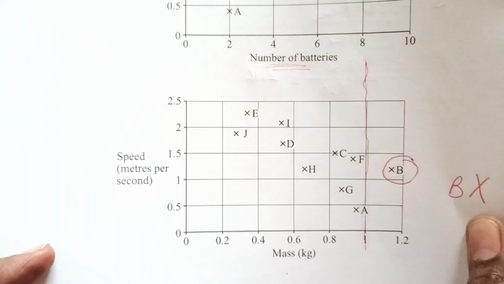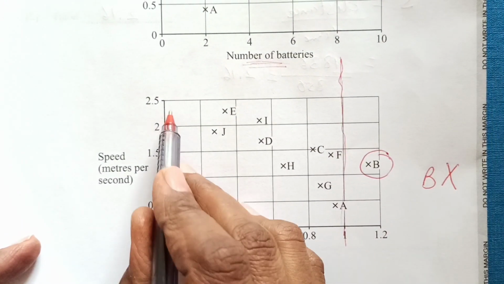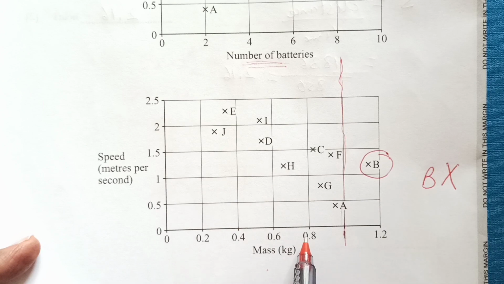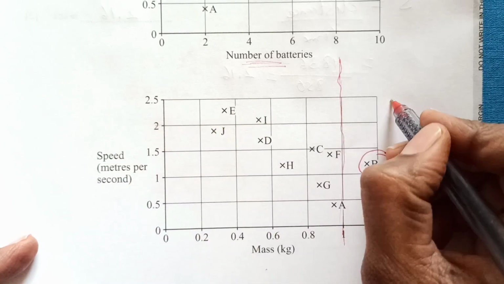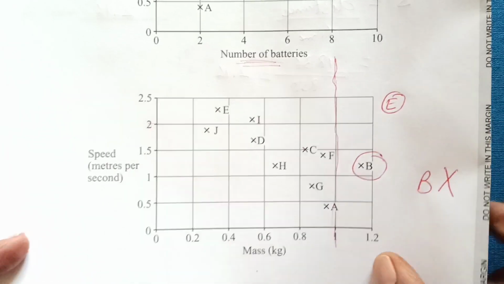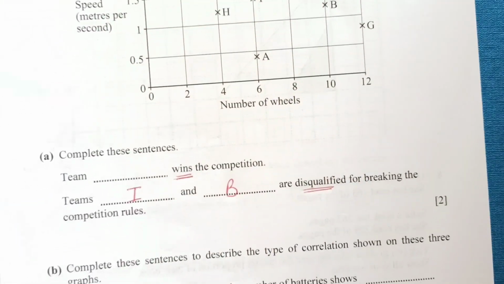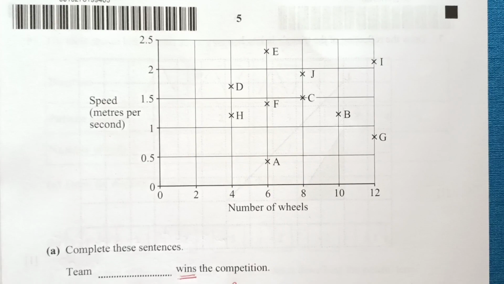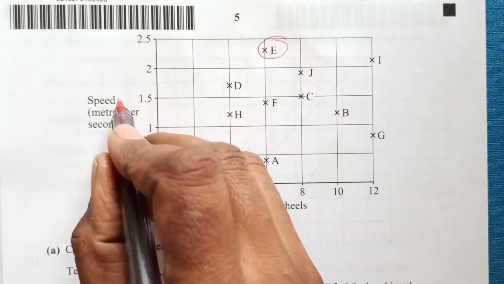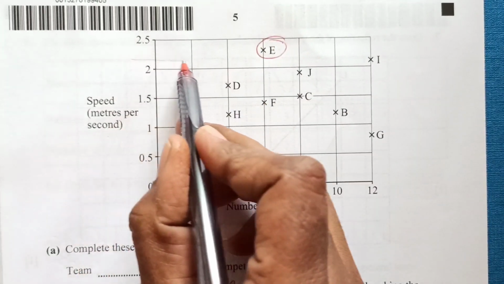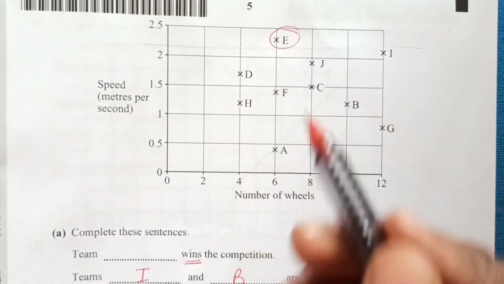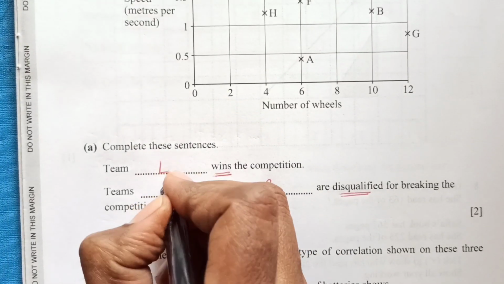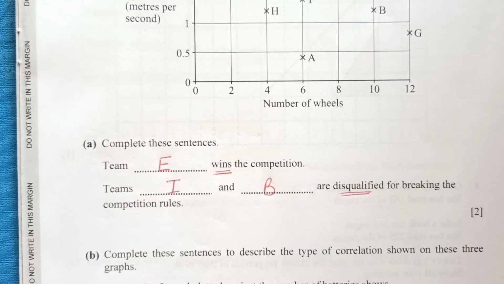In the second graph, satisfying all the other conditions, again you can see E is having maximum speed. And in the last graph, again we have E on the top having the maximum speed. This I is already disqualified. So the winner team will be E, so we are going to write E in this.